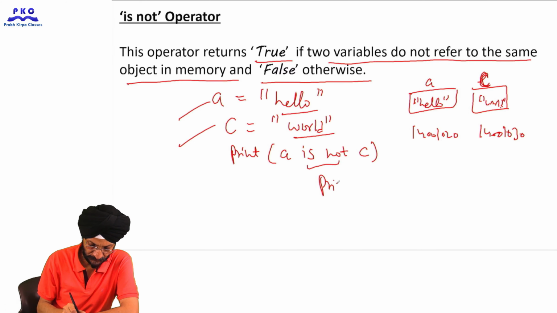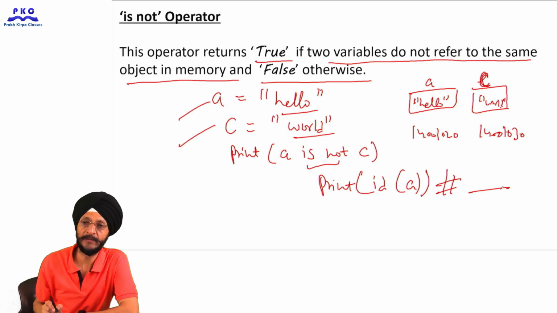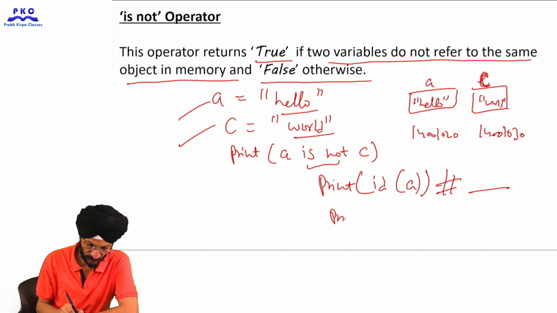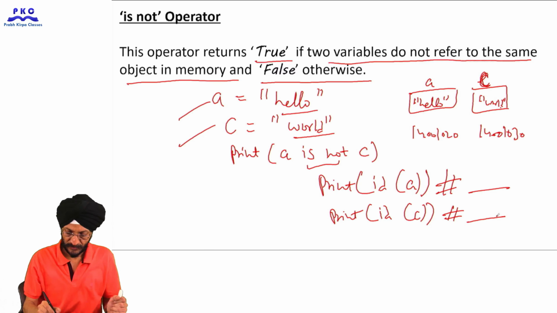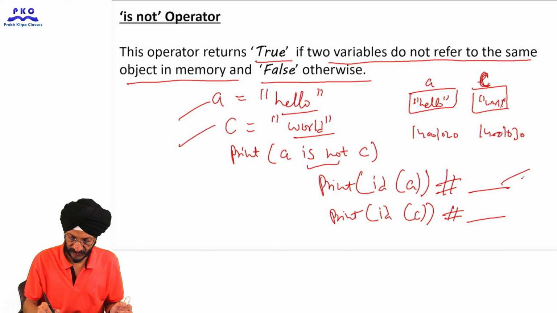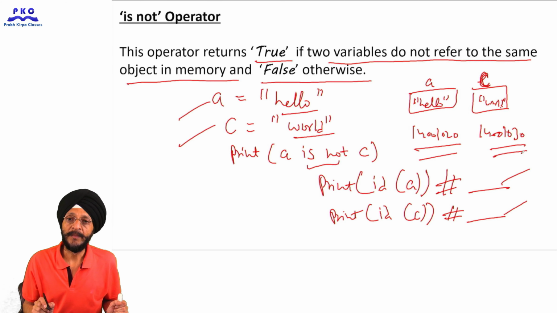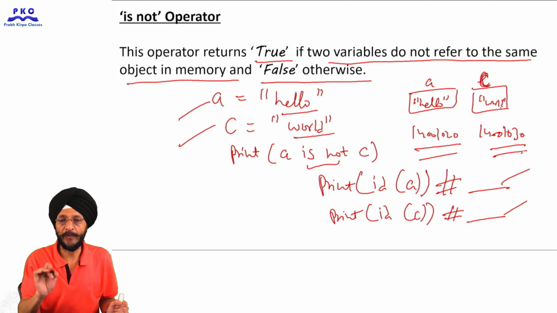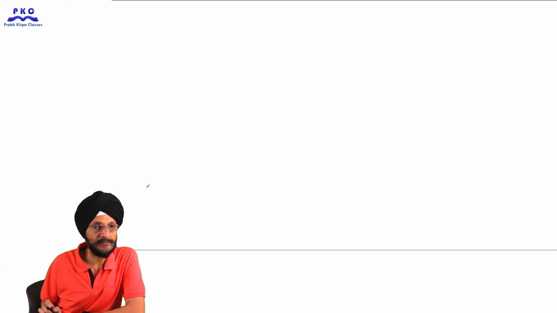We can use print id A and the output will be given, the memory address will come. Now we can use print id C. Here, what will be the output? You will find that the memory location of both A and C will be different.